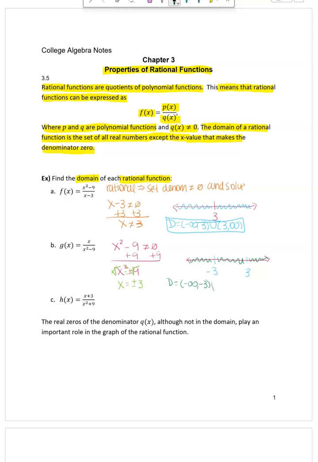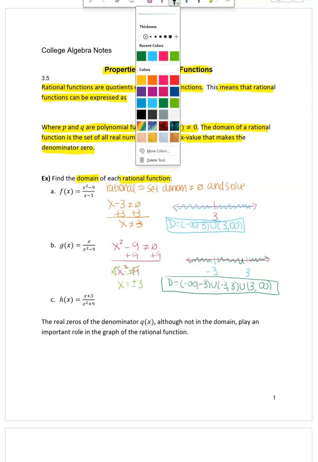We jump negative 3, picking back up on the other side, going to 3, make another jump, so we denote it with the union, pick back up on the other side of 3, and go on to positive infinity. And this is our domain.